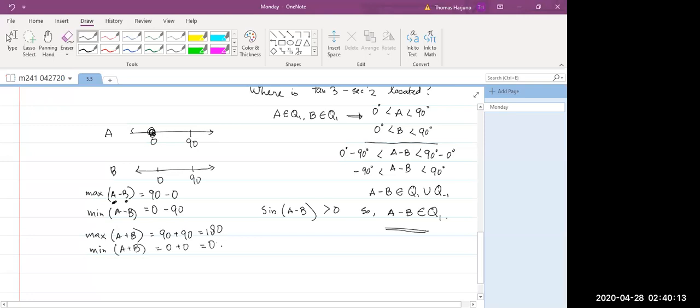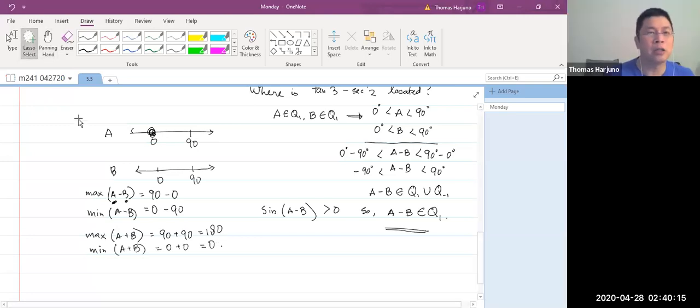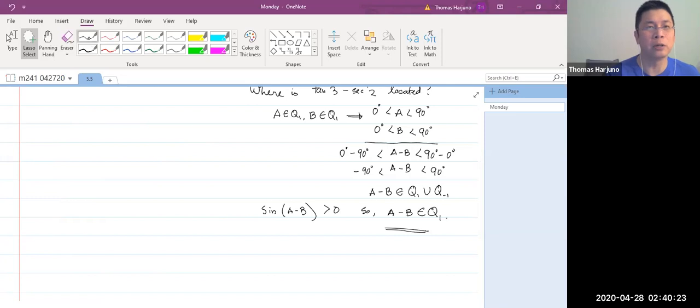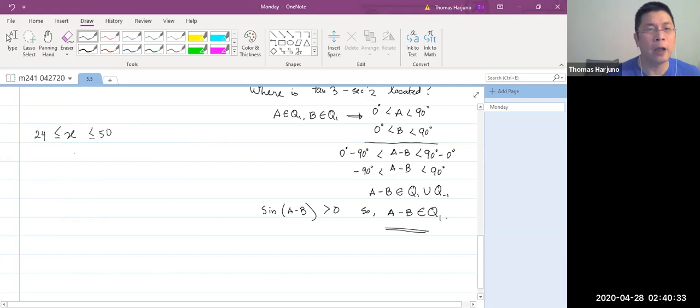Okay? Now let's do another idea. So this is more or less related to our issue earlier, but the situation is different. Suppose we have x between, let's say, 24 to 50, and y between 12 to 30.